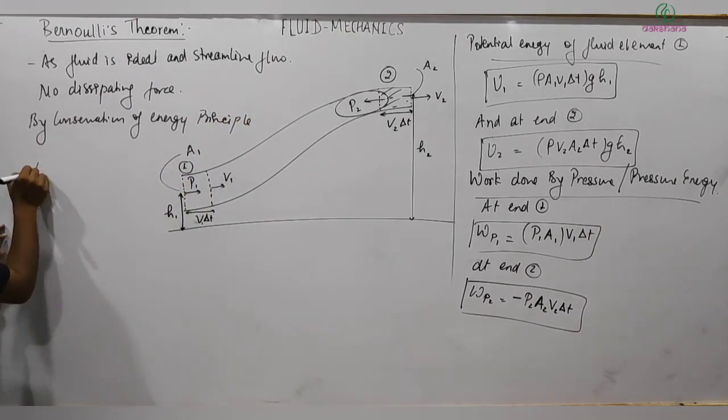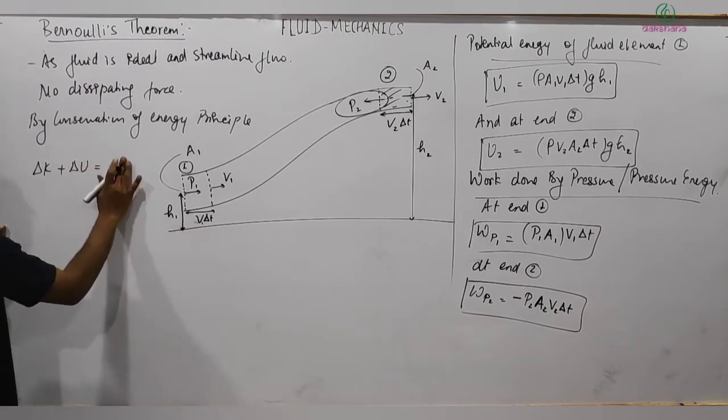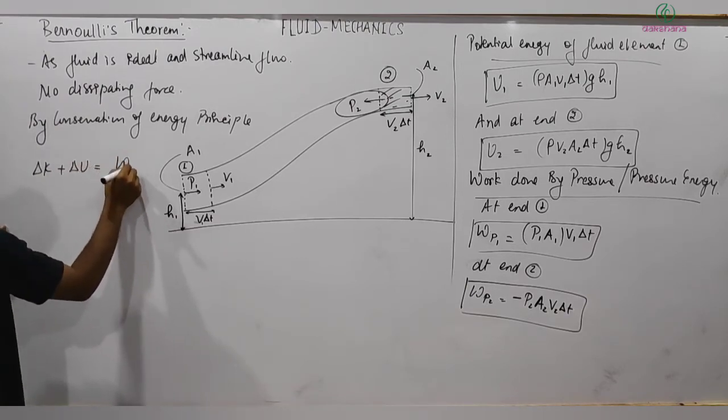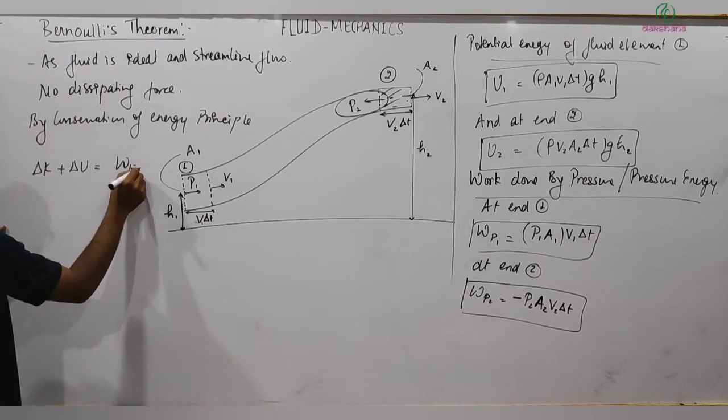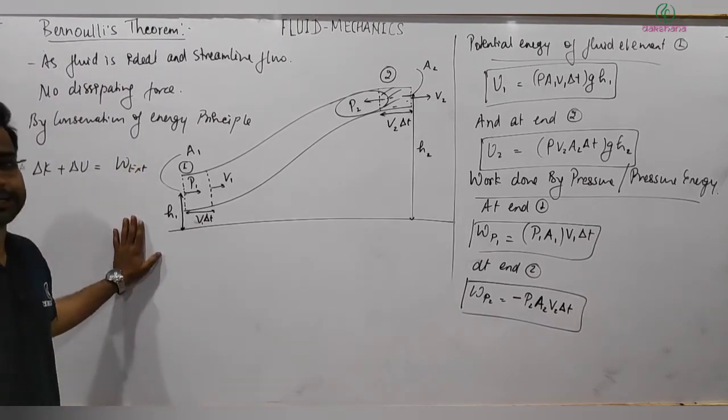So we can write delta K plus delta U equals the work done by the external agent, which here is basically the pressure force.